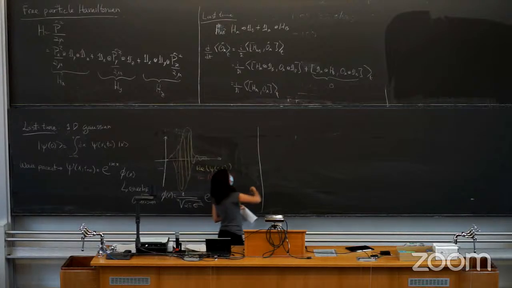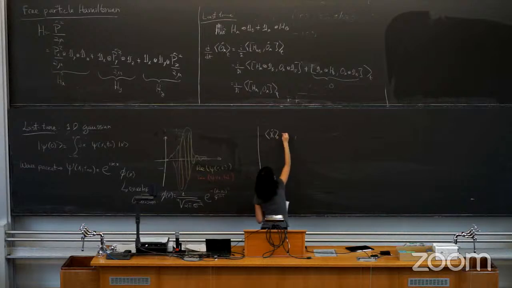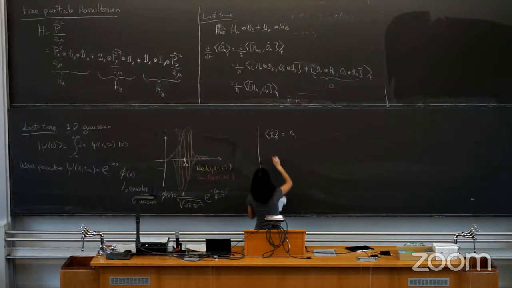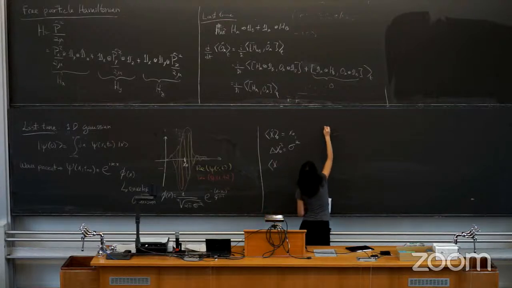So the average of the position x is this x0. So that's here. That's this x0 here. The variance, like I said, is sigma, so the square of the variance is sigma squared. The initial momentum is given by this k, h bar.